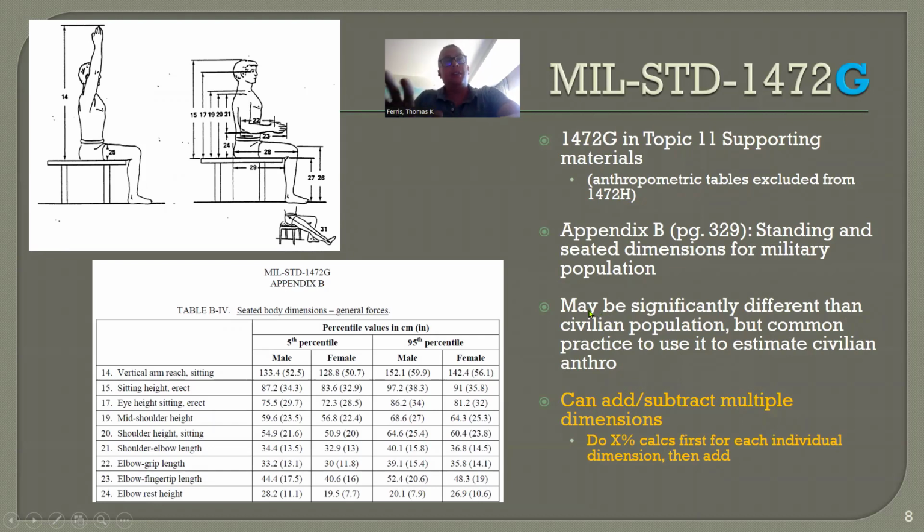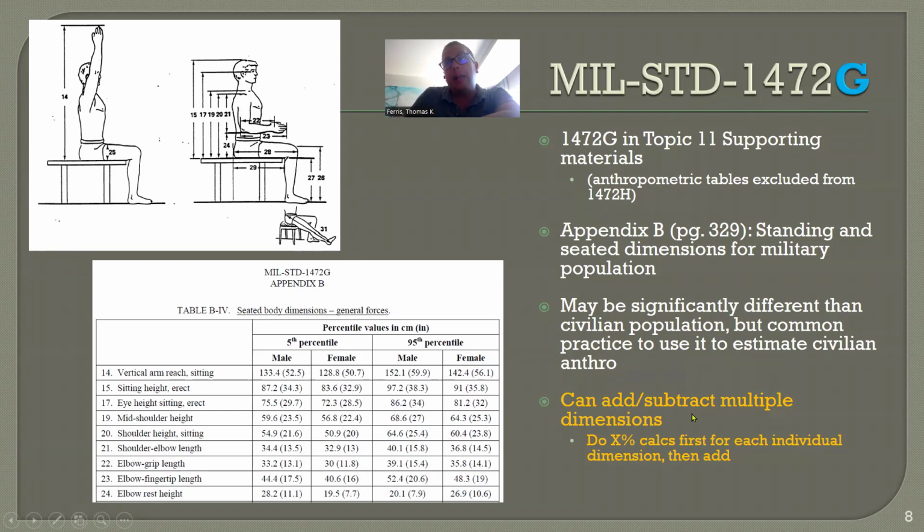So this is a very valuable, very reliable data set for that population. You need to be honest about how different your design population might be from this group if you're going to use this data set. Very commonly, this data set is used just because of how extensive it is and how many people went into it, but there is that fundamental difference there.